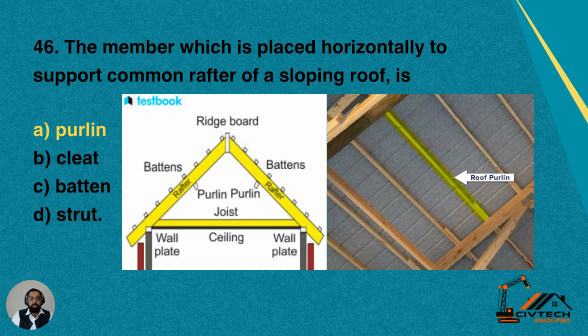46. The member which is placed horizontally to support common rafter of a sloping roof is, you must have encountered or must have at least read about sloping roofs.